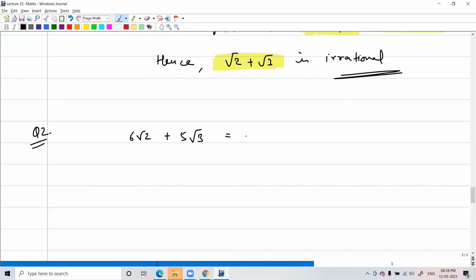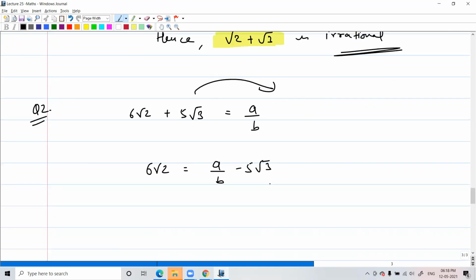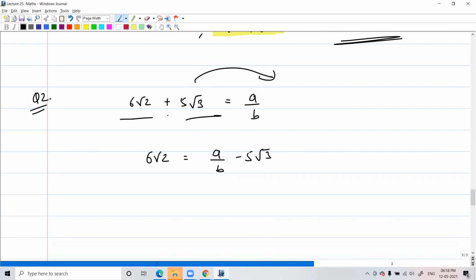So it will be the same thing: make it equal to a by b, move any one of them to the other side. Then here also the same method we should use. Yes, same method, because there are two irrational numbers, there is no other way. You have to move one of them.